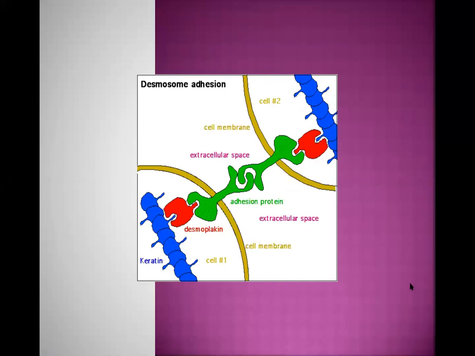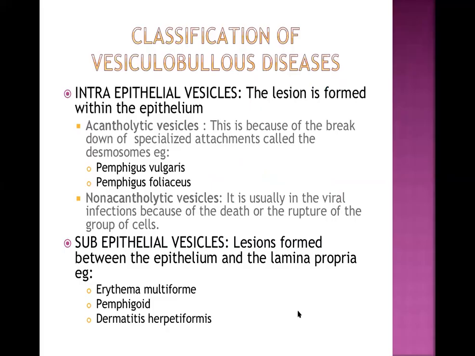Nobody is going to ask you to draw a diagram of a desmosome. That is not our concern. Our concern is why these vesiculobullous diseases develop, what is the pathophysiology, what is the clinical feature, and how do you manage. Now with this bit of background information, let's classify these vesiculobullous diseases.